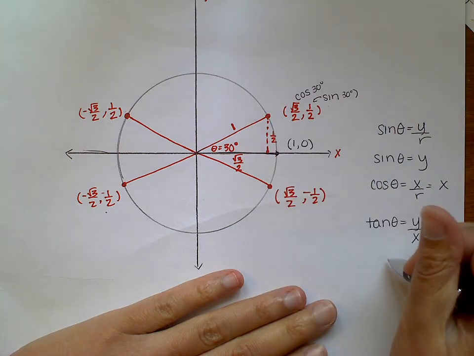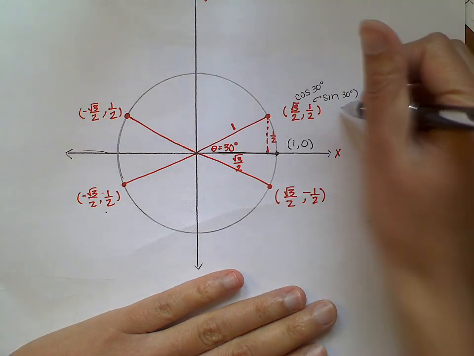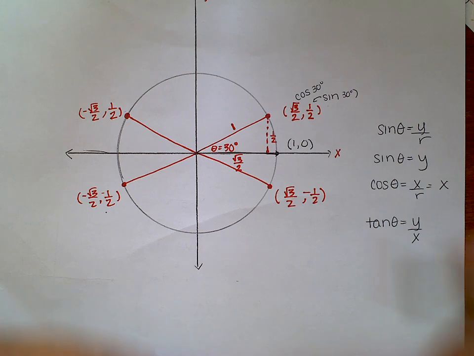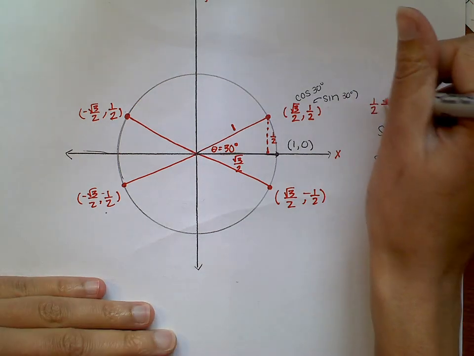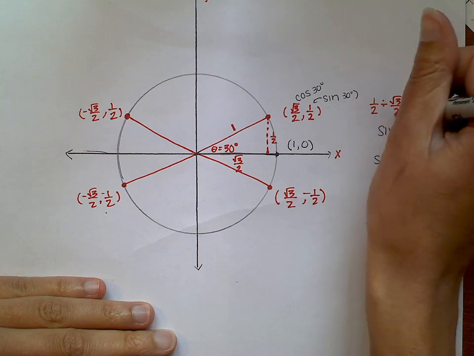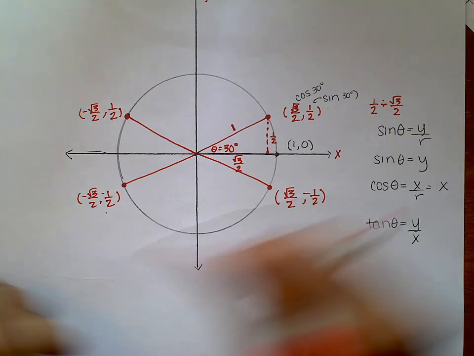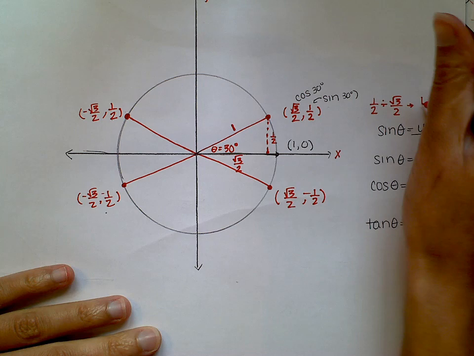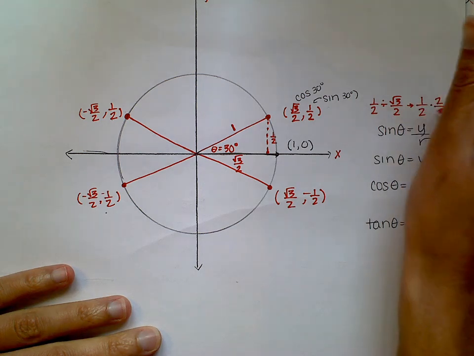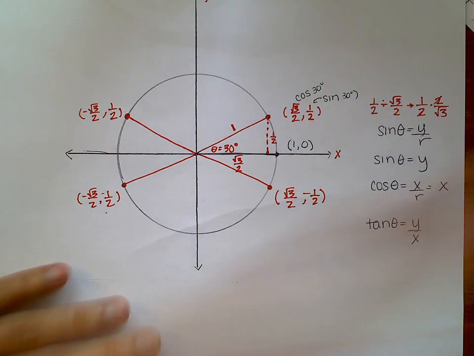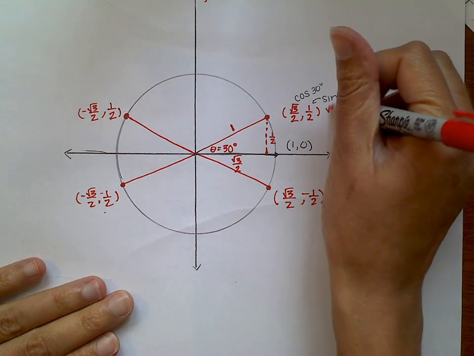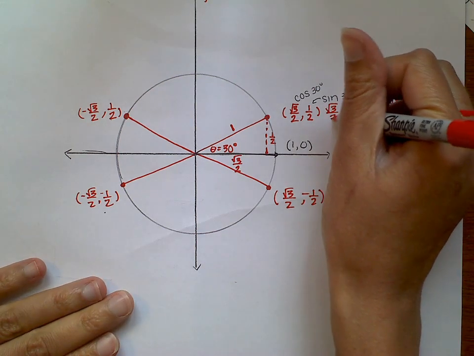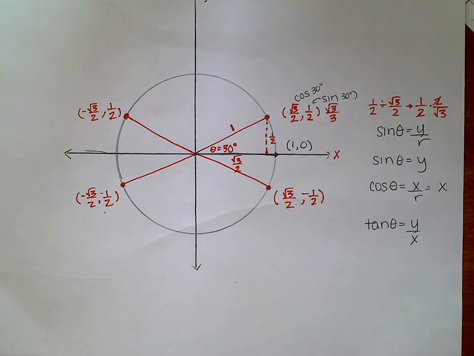In this case, get my red pen back, half divided by root 3 over 2, although we don't really divide fractions, we multiply by the reciprocal, so this is half times 2 over root 3, which the 2's will divide out, and you end up with 1 over root 3 that you have to rationalize, which is root 3 over 3.